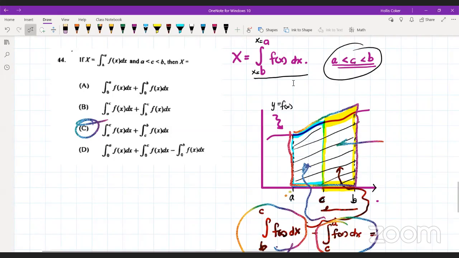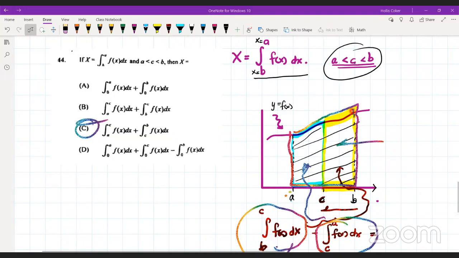Let me see if I can show you that. You see that laser moving around? This area here from A to C, x equal to C, that'll give you that area here, bounded by that. And then from C to B, we find the area bounded under the graph from x equal to C to x equal to B. That's that area there.